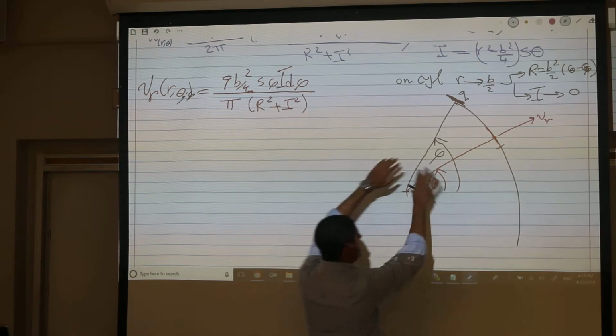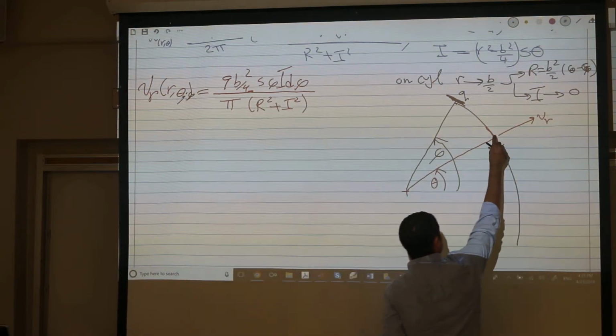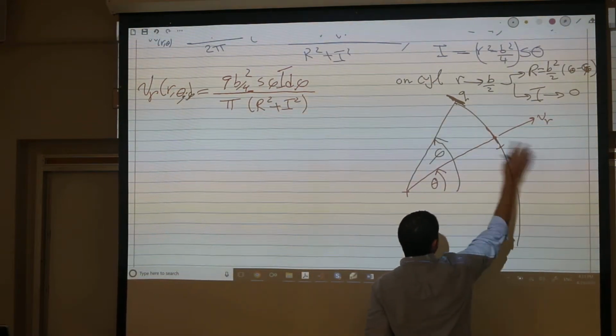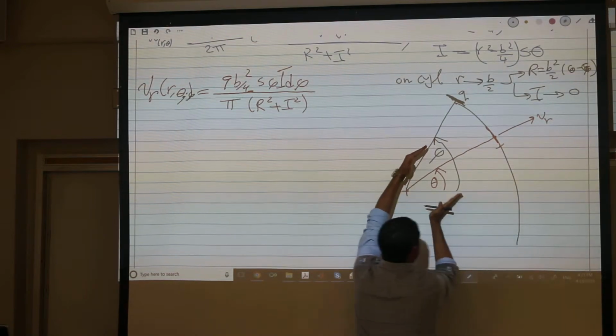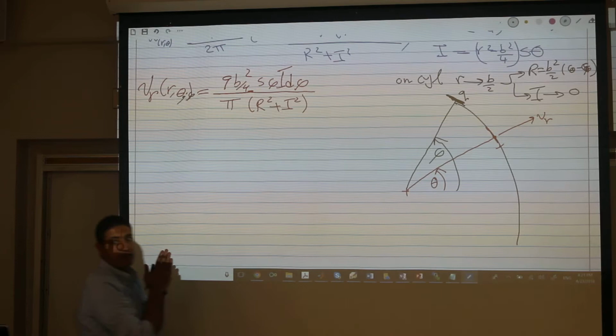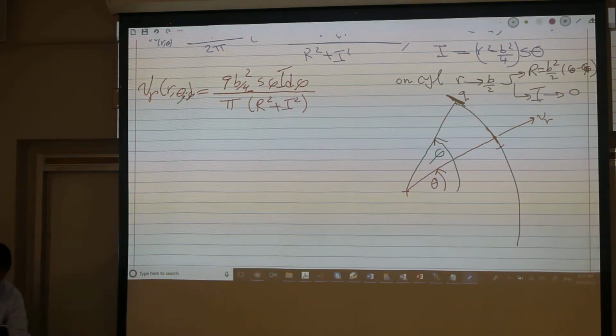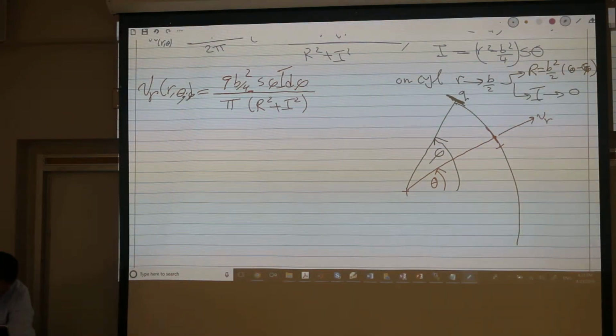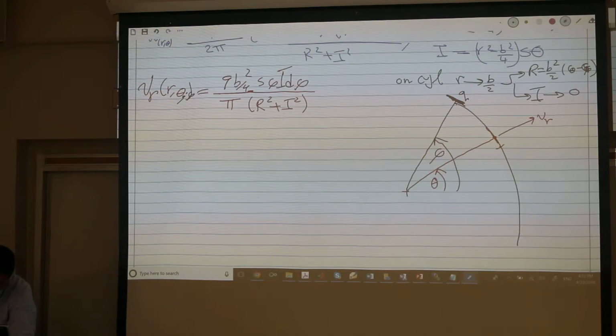So the effect of any source distribution on the radial velocity at this point is 0. But when these angles come close together, close to 0, then you have an effect. So this means that we need to do it a little bit more carefully.